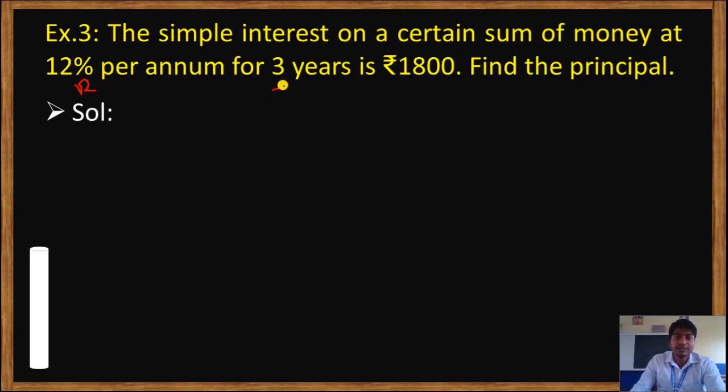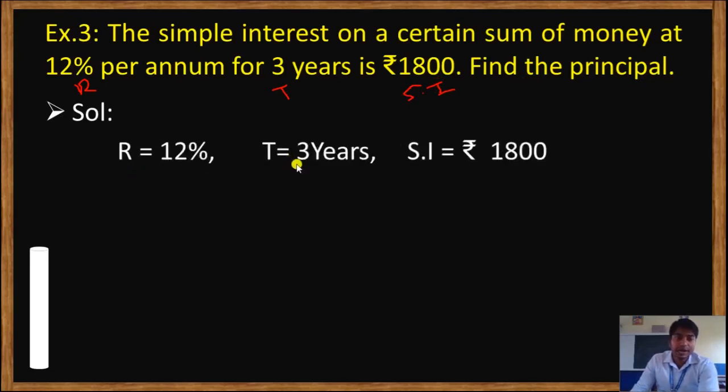Now we have to find the principal. So we have rate, time and simple interest. The formula to find principal is simple interest into 100 by rate into time.